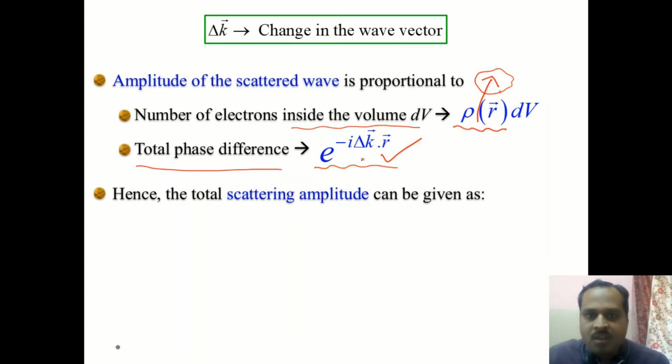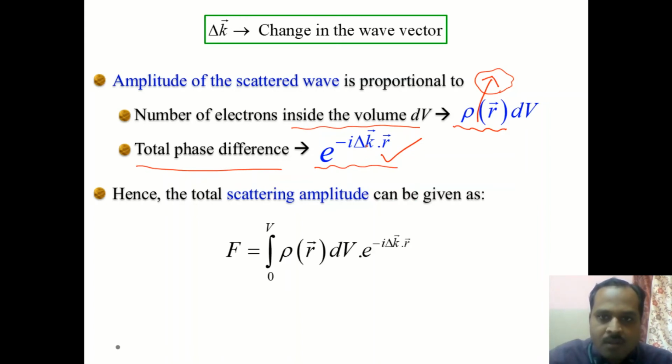So the total scattering amplitude, if you take the proportionality constant to be equal to 1, can be written as the integration from 0 to V of rho r dV times this phase factor, exponential minus i del k dot r. This one was for the small volume dV. If you integrate it throughout the entire volume, then we can obtain the total scattering amplitude.